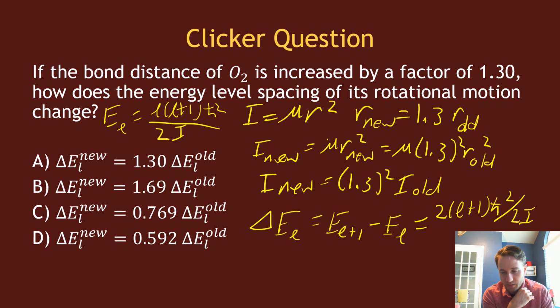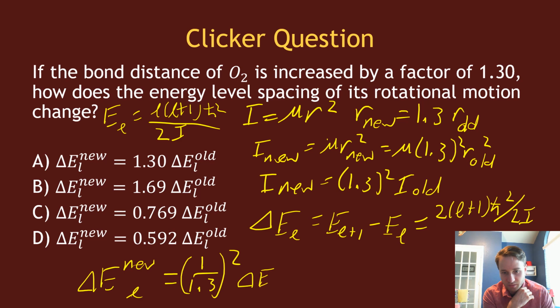And so this still has this 1 over I dependence. So if I increases by a factor of 1.3 squared, that means that delta E new of L has to decrease by a factor of 1.3 squared compared to delta E old with L. And so you plug that in and you get D here.